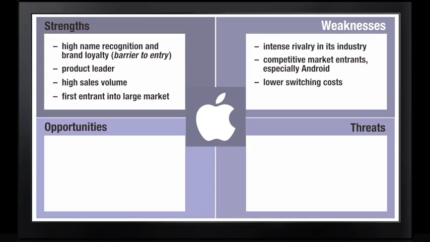Switching costs have also decreased, as many cell phone carriers now allow Apple substitutes on their networks. Apple's wide product offering requires it to simultaneously fend off competitors on many fronts, while also maintaining a quick pace of product development. It can be argued that this is now a position of weakness.